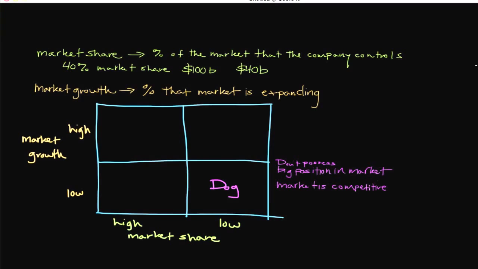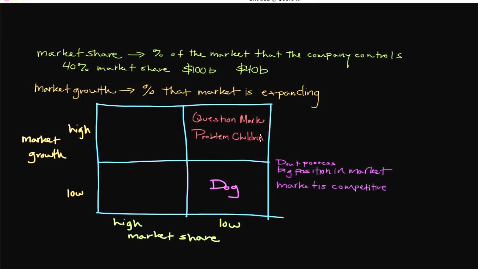Now, the next area is what we call our question marks. Some versions of the BCG Matrix also refer to these as problem children. The reason it's referred to as question marks is that we really just don't know what to do with these, and problem children because they generally are problematic.